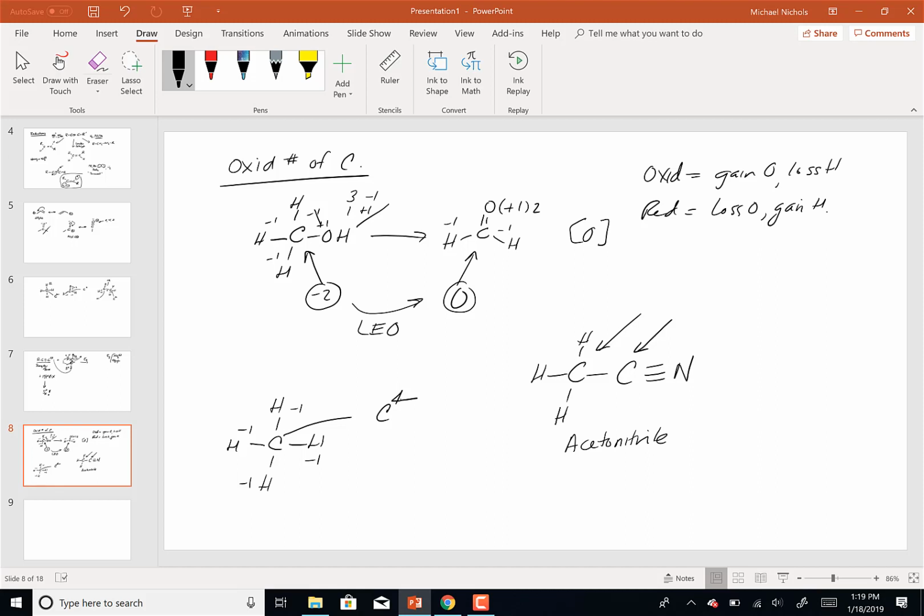We got answers? How about the one on the left? -3? Do we agree with that? That this one's -3, and then what about the carbon? +3? Do we agree with that? With these ones, you have to say plus.